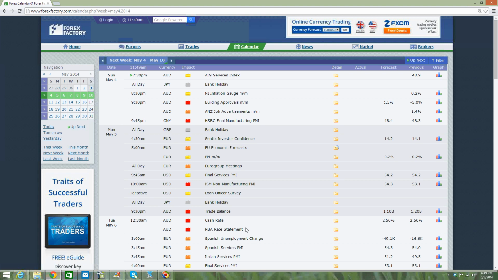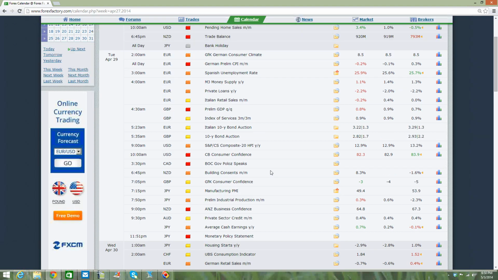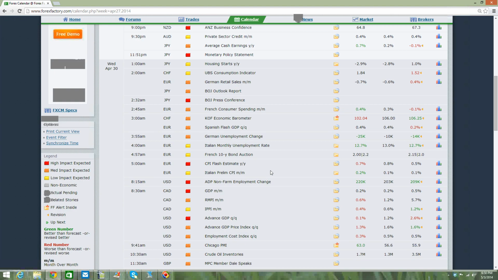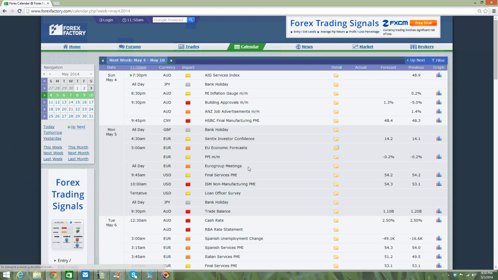If you look back at inflation in Australia, you see that it has been quite weak, and I would say that this will put some pressure on the Reserve Bank of Australia this next week.